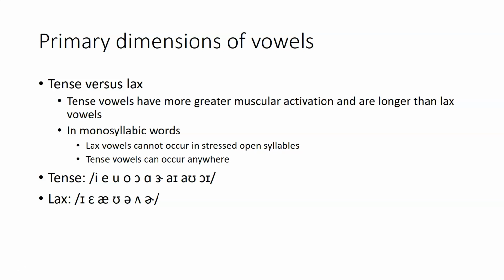So the tense vowels such as E, A, U, O, Aw, Ah, and the diphthongs all can appear in single syllable words without closing consonants. So we have things like he and hey and who and ho. We have things like paw, ha, her.